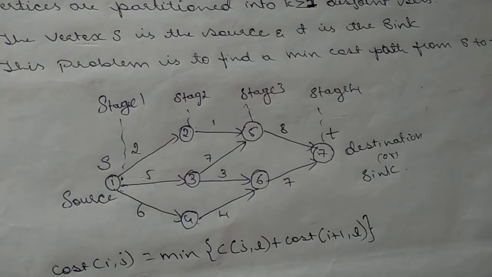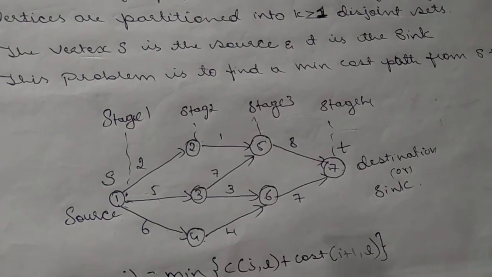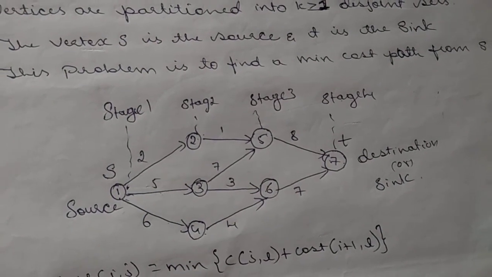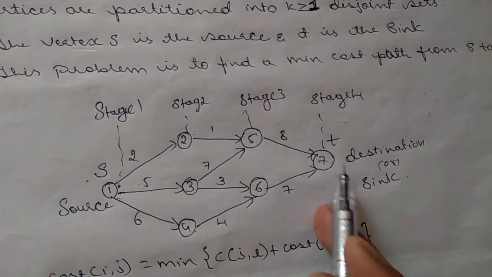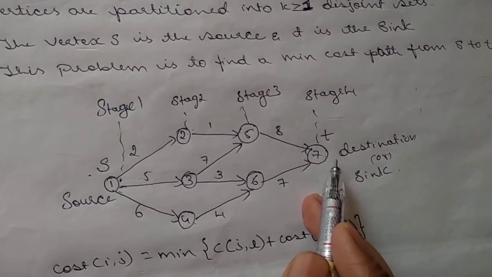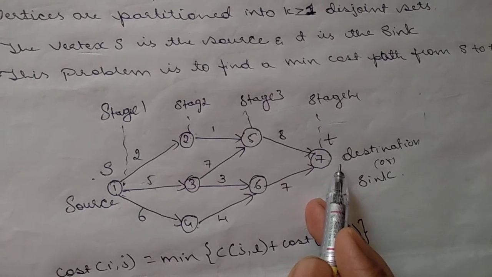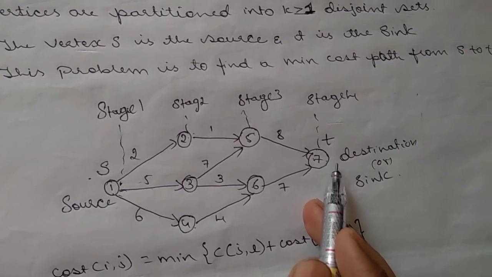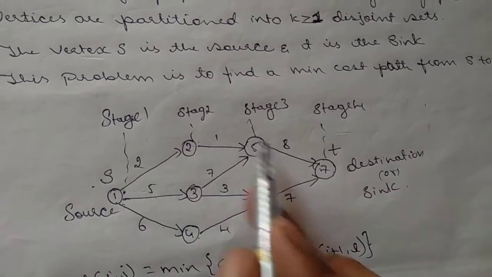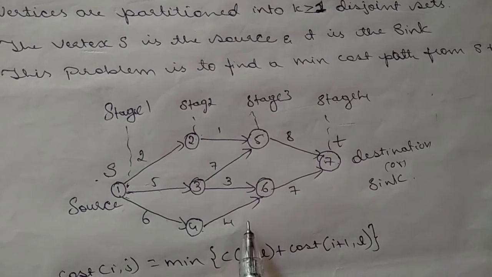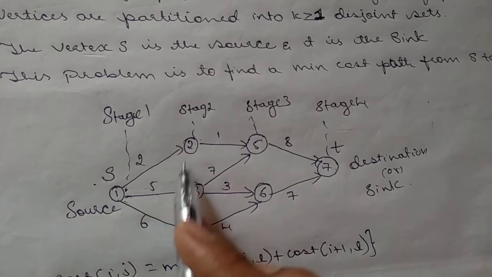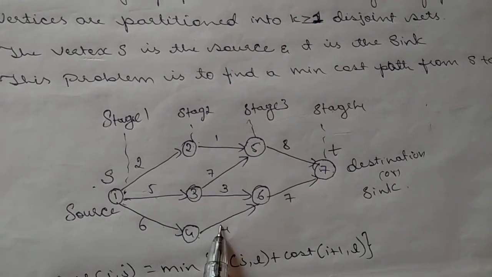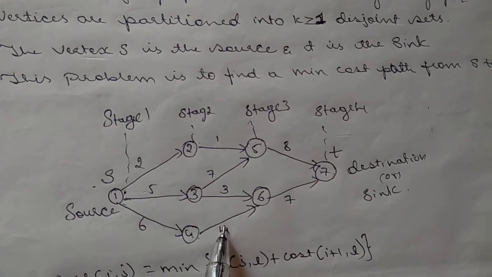Always remember, in the first stage and the last stage, it may be the nth stage, only one vertex will be present, that is source and destination. The first and the last stage will consist of only one vertex. But in the intermediate stages you can have any number of vertices. We don't have any restriction on the number of vertices in the intermediate stages.